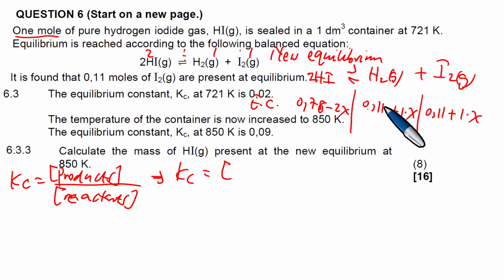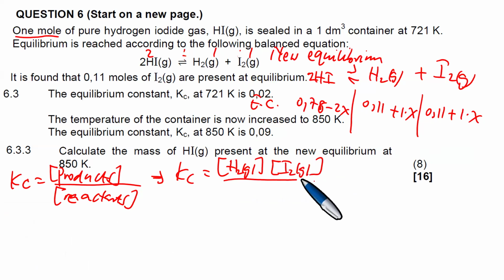The products increased because the Kc increased. Let's write it nicely. Using the balanced chemical equation, we write H2 gas and I2 gas, divided by hydrogen iodide gas, and this one is squared. What is our Kc?